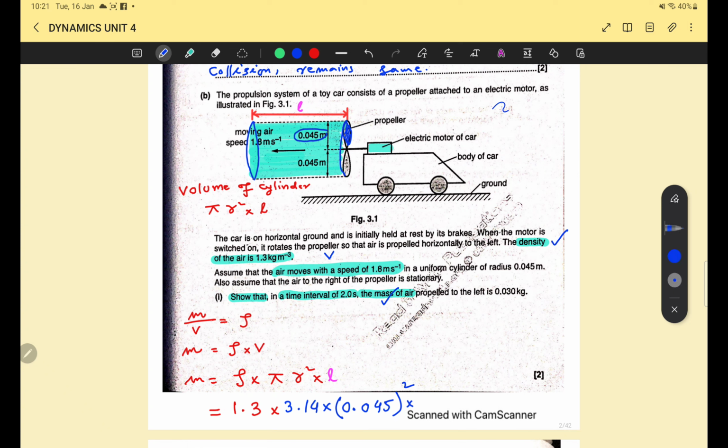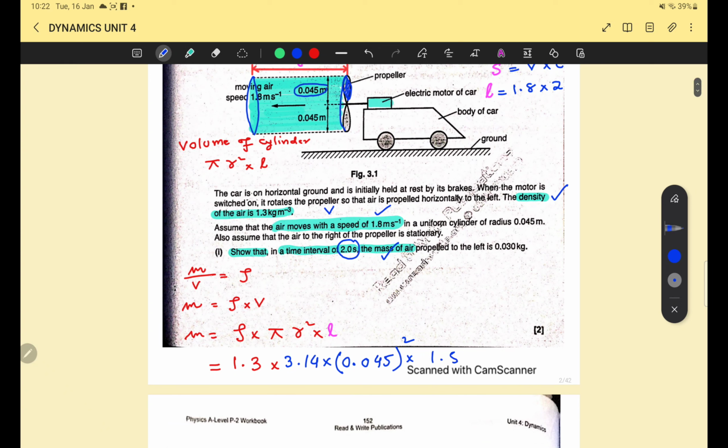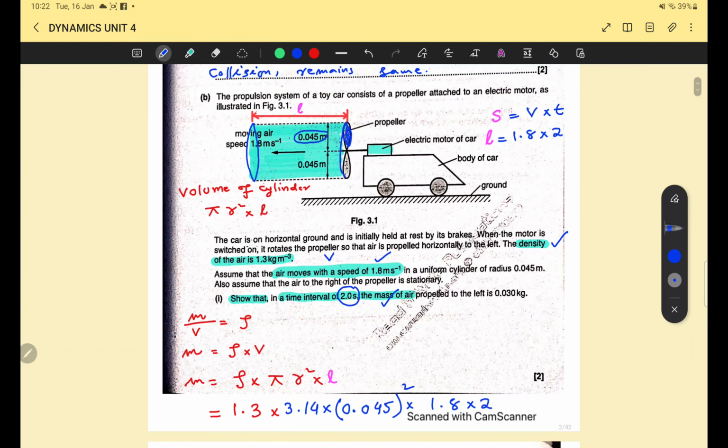You know that for constant speed, distance equals velocity into time, and this distance becomes the length of the cylinder. So the length of the cylinder equals speed, 1.8, into time, 2 seconds. Distance equals speed into time.